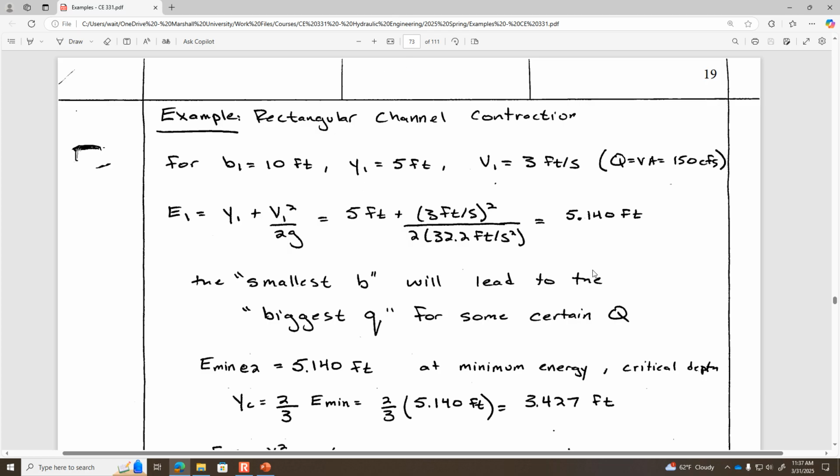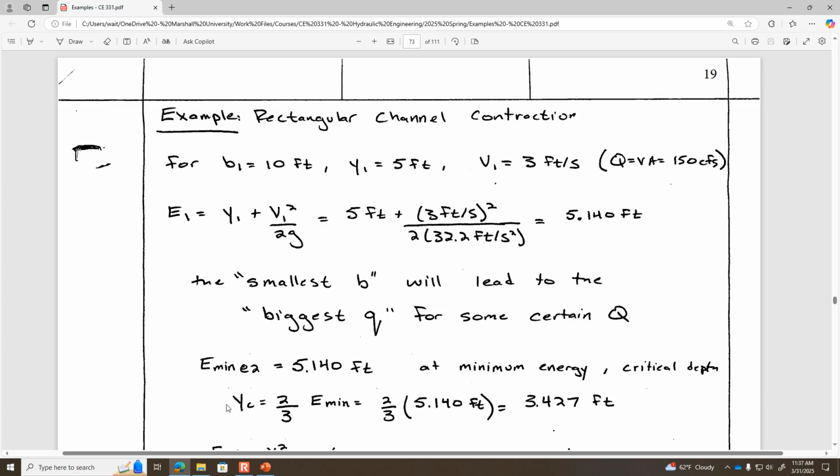If I calculate how much specific energy there is at 1, it's just the flow depth plus the velocity head, and 5.14 feet is how much specific energy there was at 1. So I'm saying, what would be the critical depth if we had 5.14 feet of energy available?